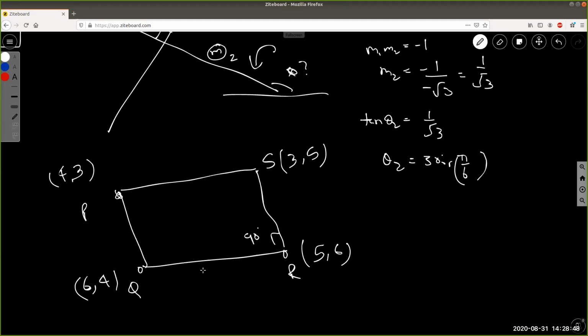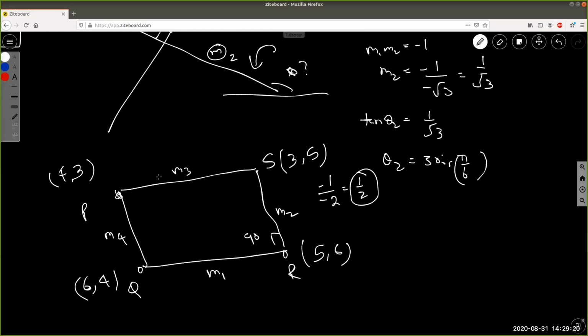Suppose I calculated these slopes M1, M2, M3. How will you calculate the slope M1? So from the two-point formula. Tell me one of them. Okay, so for S and R we'll do 5 minus 6 by 3 minus 5, which is minus 1 by minus 2, which is 1 by 2.